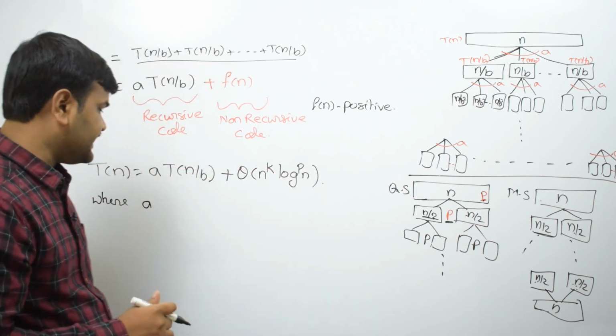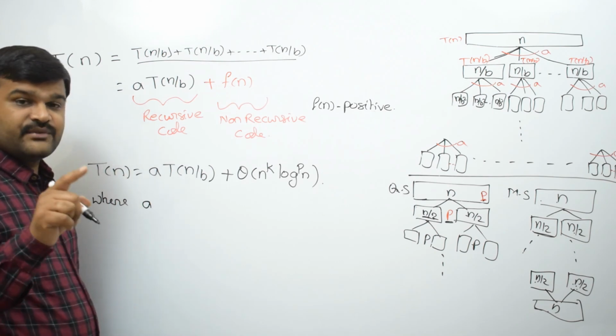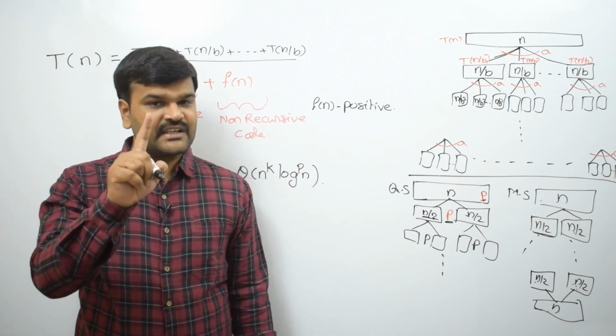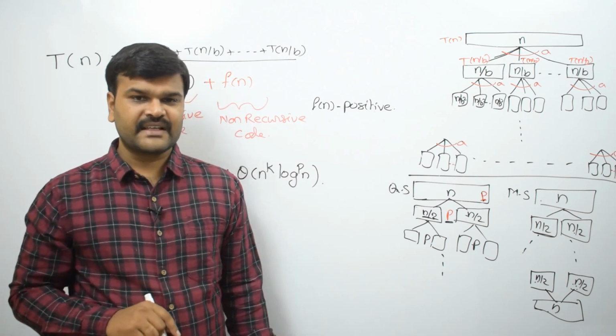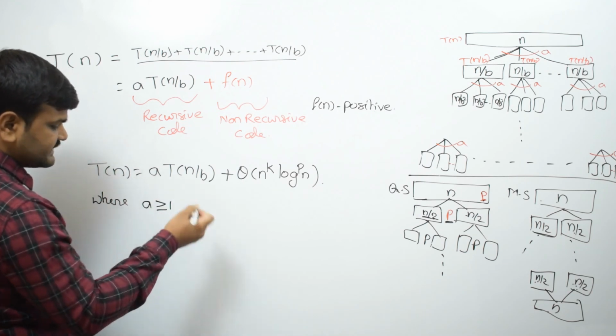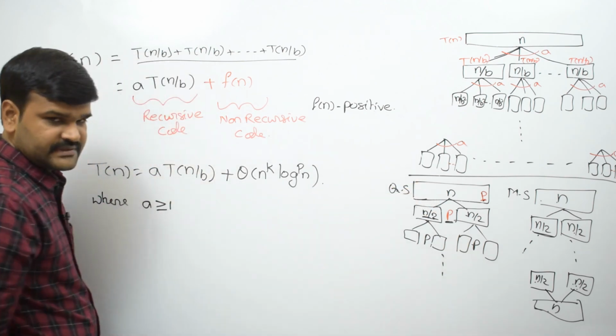That is why a is at least one, that means at least one subproblem must be there. If you take binary search, we are going to have only one subproblem. That is why a is at least 1, or greater than 1 sometimes. Here you see you are going to have two subproblems.